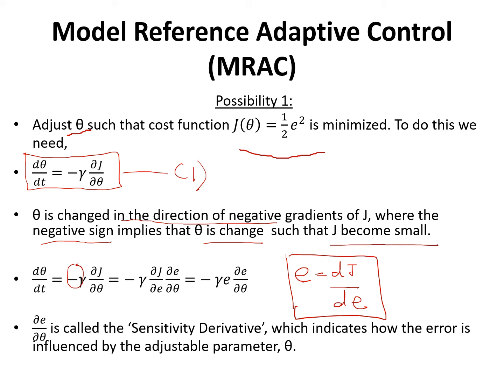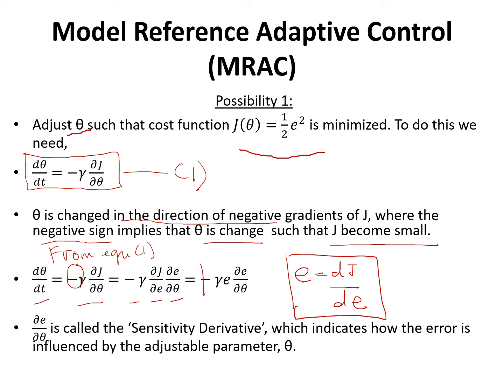From equation 1, d theta over dt equals negative mu dJ over d theta, which equals negative mu dJ over de times de over d theta.